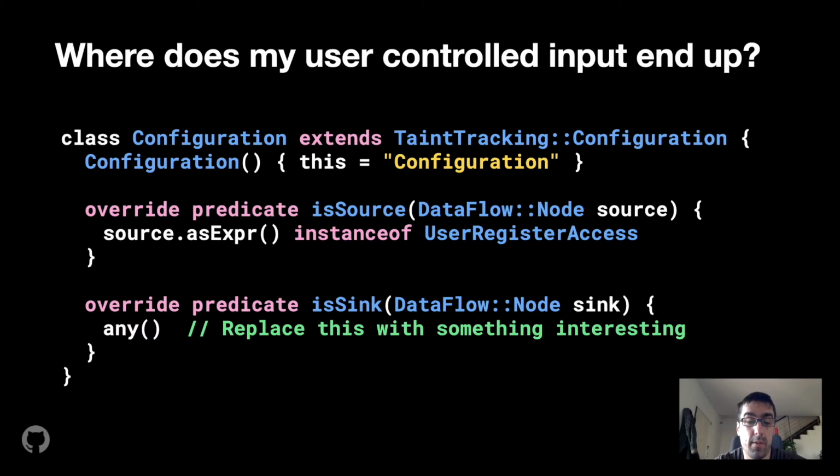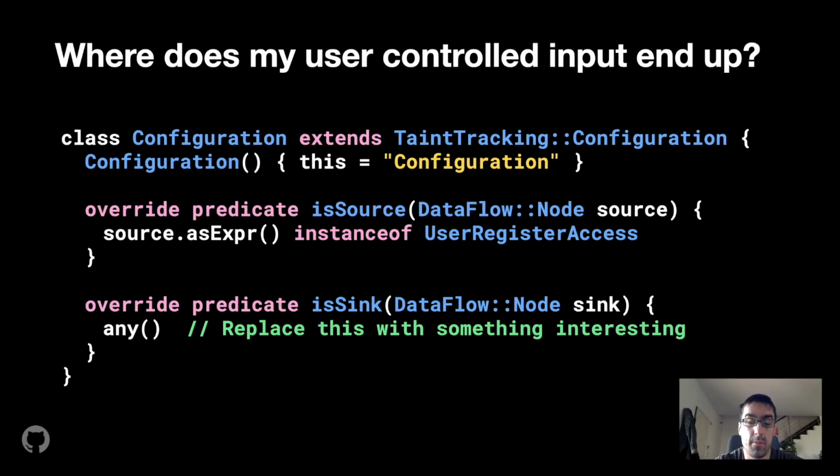The first one is called isSource. It defines what expression will be considered the origin of the tainted information. In our case, the source is any expression that satisfies the new type that we have created, called user register access.